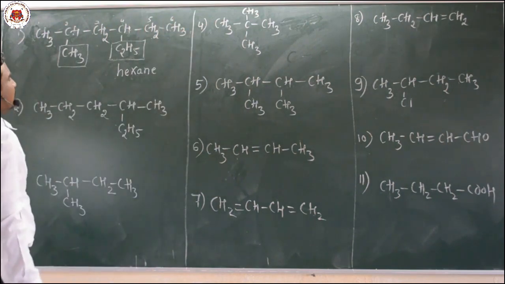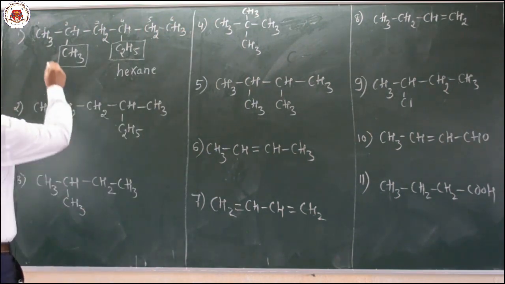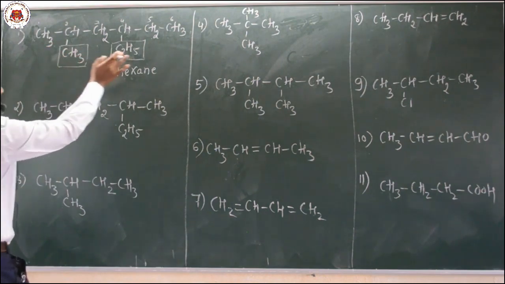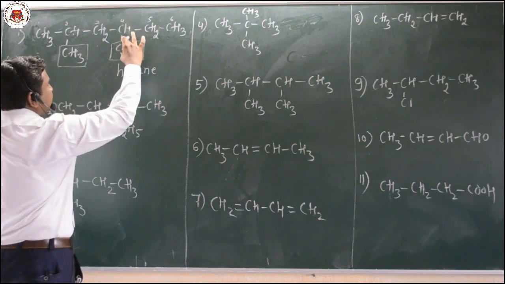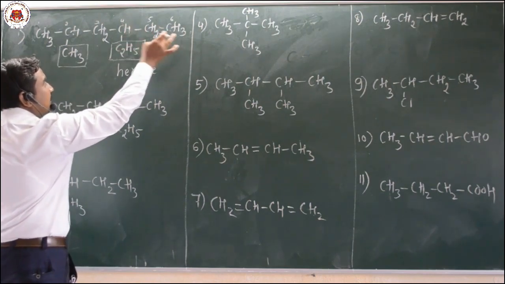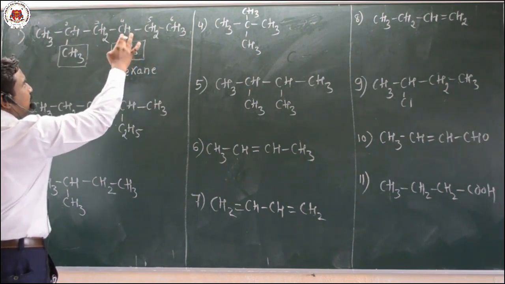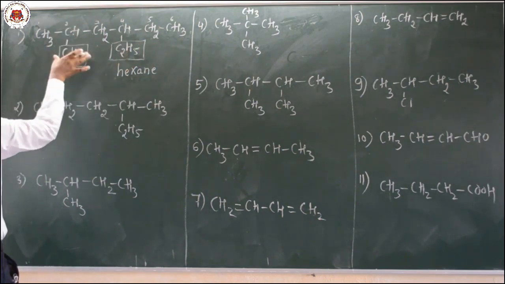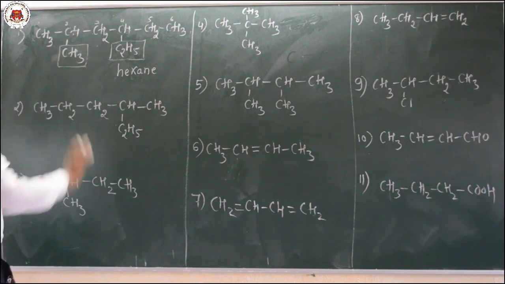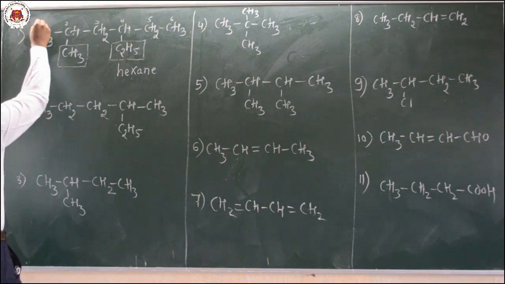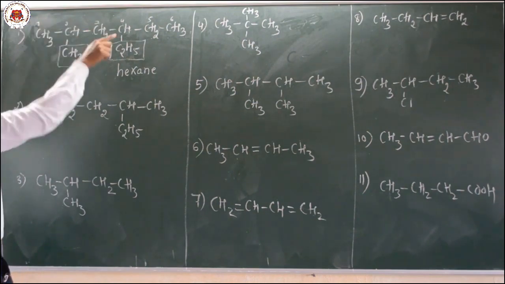At second position we have a substituent group. If we number from right to left, the substituent group would be at the third position. But here the substituent group is at the second position, so for that reason the numbering should start from left to right.